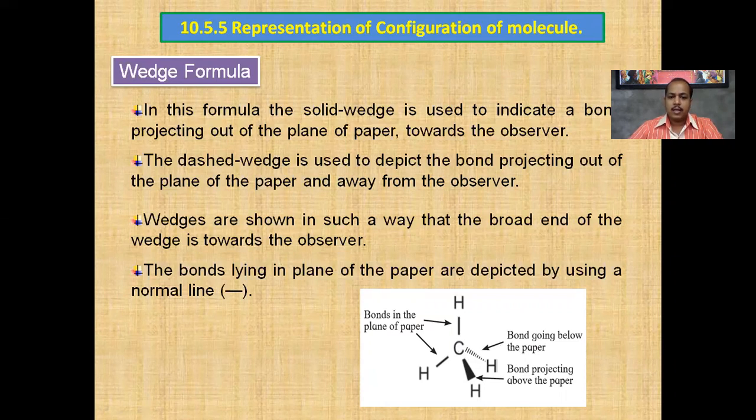All this structure, we call the wedge formula. By using this wedge formula, anyone can easily represent the configuration of a molecule. So this is about the wedge formula. Then we go to the next.